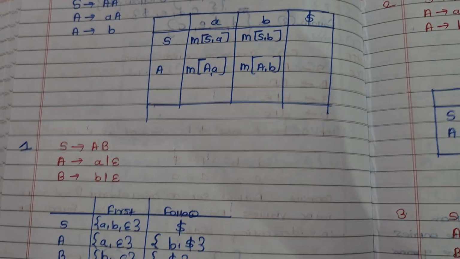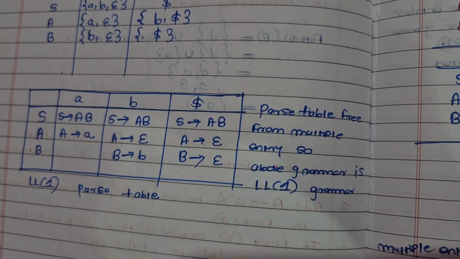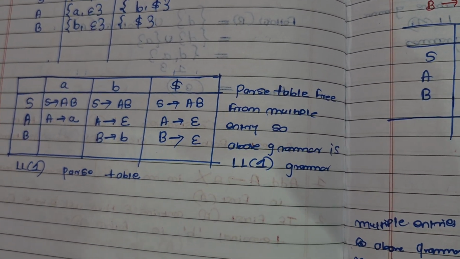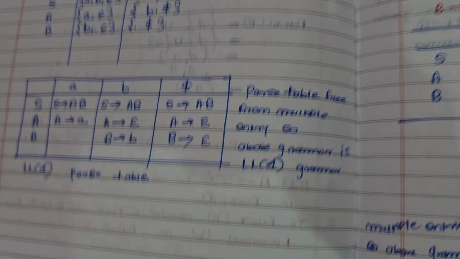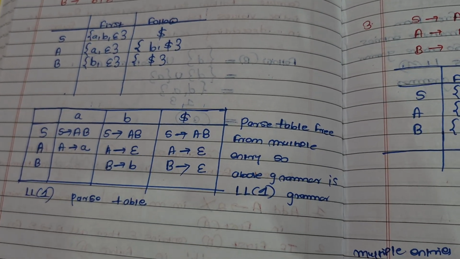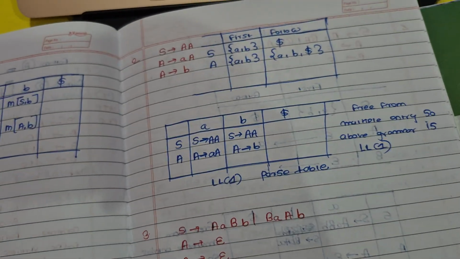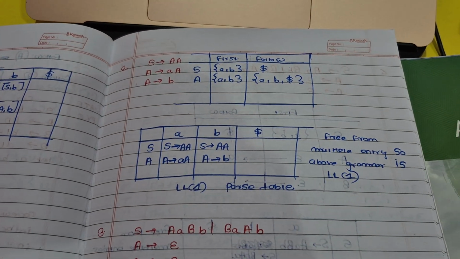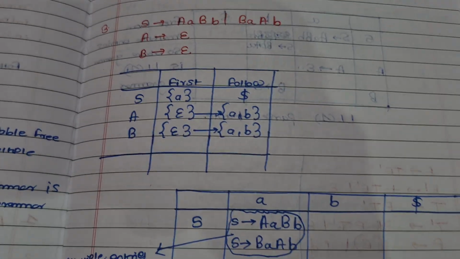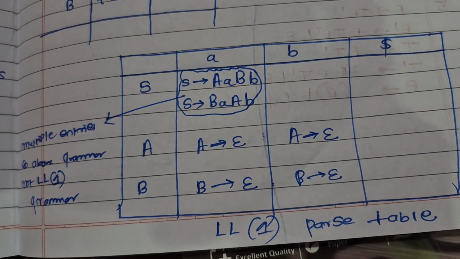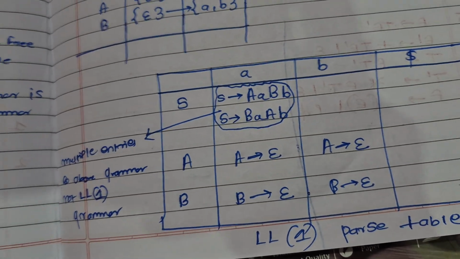Then again, the parse table should be free from multiple entries, then it would be LL1 grammar. You can see this is free from multiple entries, and again this is free from multiple entries, so the above grammar is LL1. And if multiple entries are present, then it's not an LL1 grammar.